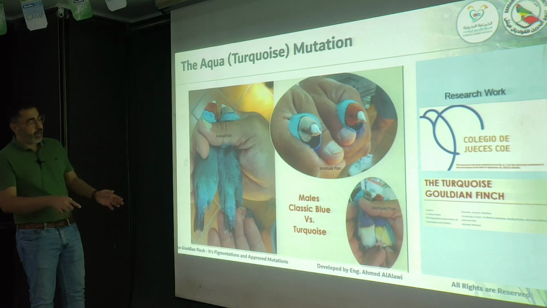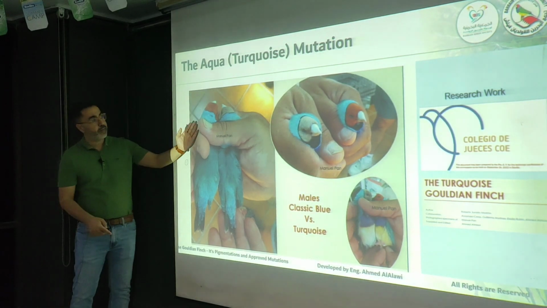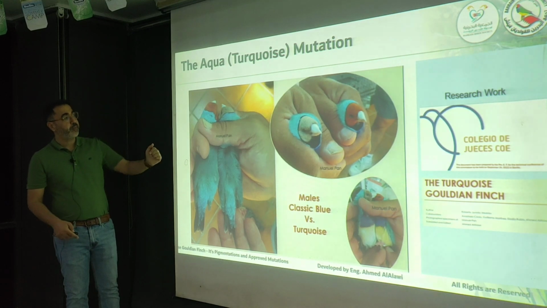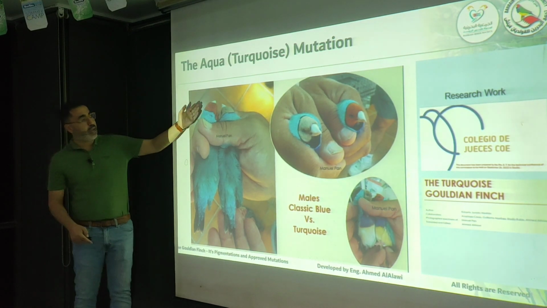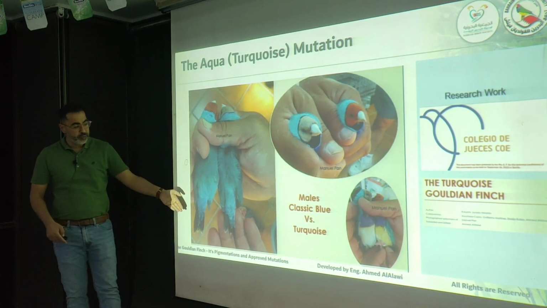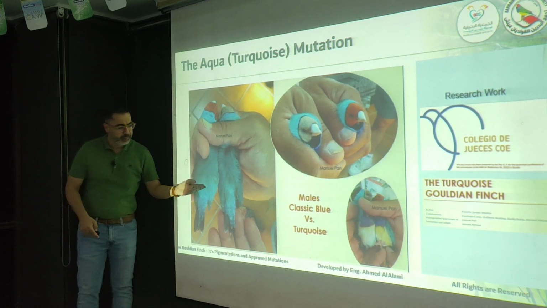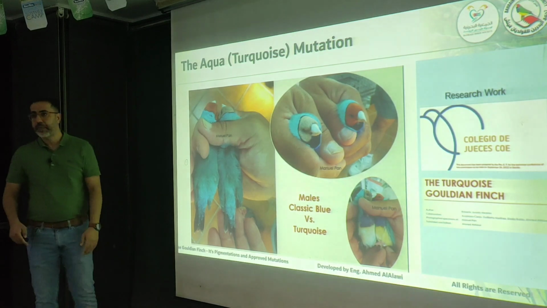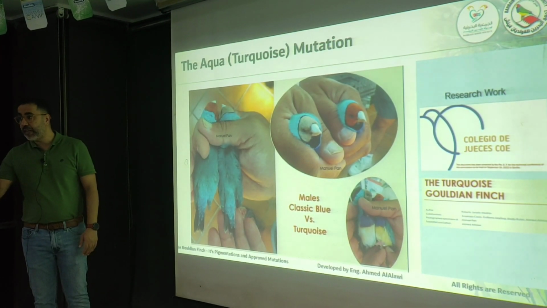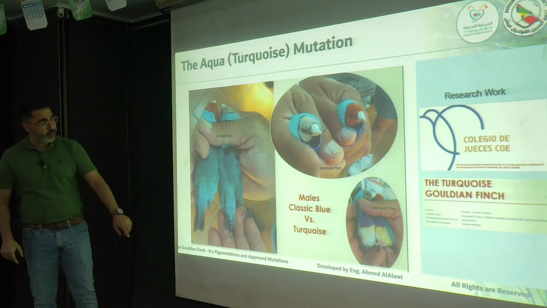When I look at, let's say, a red-head bird, in this case, we have the normal blue and we have the aqua blue. What's the difference in the back? Similar. Not the same, similar. Look carefully.